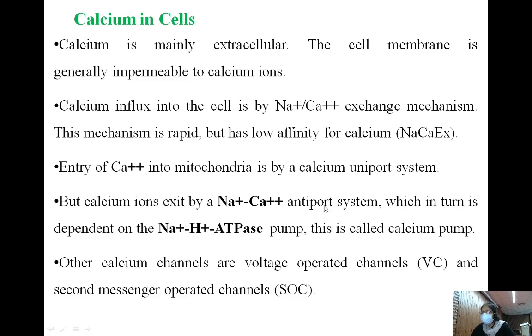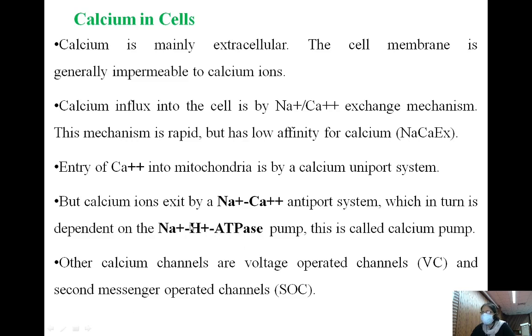The sodium calcium antiport system, in one sense, you can call secondary active transport. Here, what happened? This is the primary active transport, the sodium proton ATPase pump.